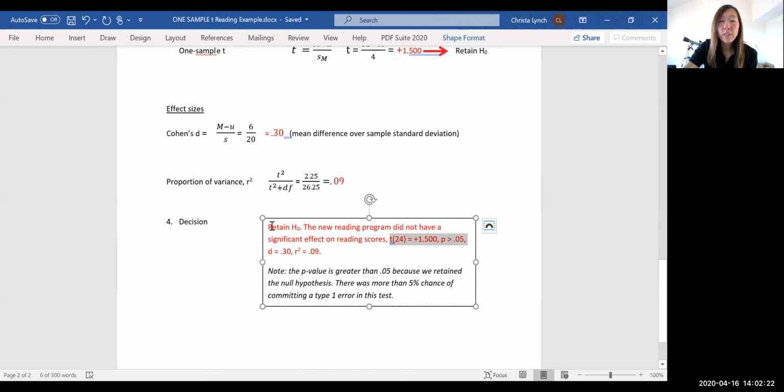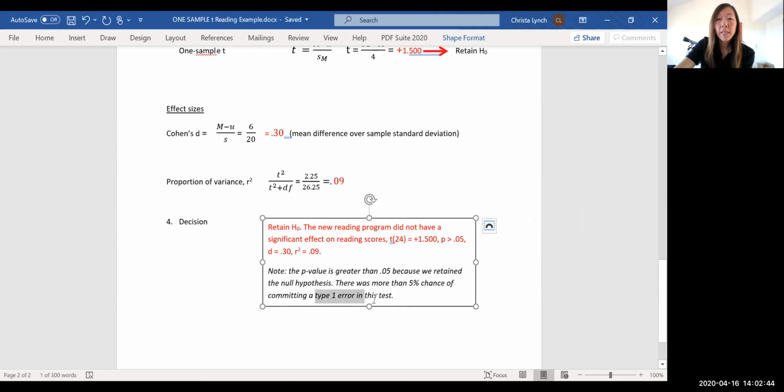Now, if you reject the null hypothesis, your p-value will still be 0.05, but the direction will change so that it says p is less than 0.05, which in other words means that we had a less than 5% chance of committing a type 1 error.